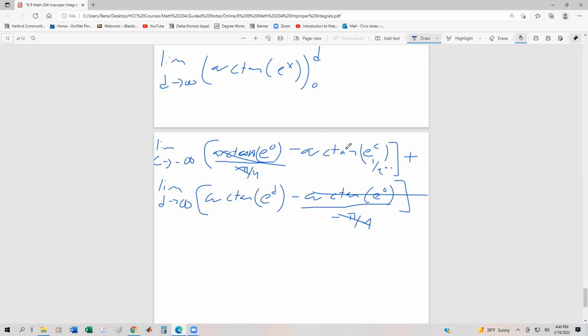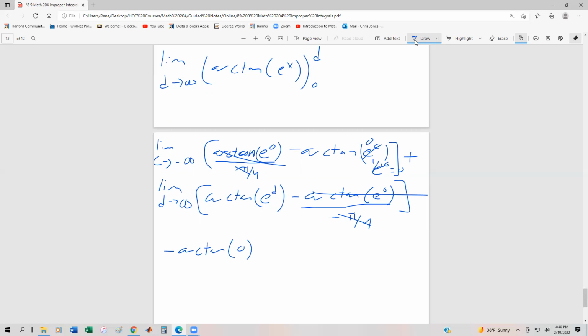So when we substitute these back in, we have to be careful, especially with our arctan stuff. This is 1 over e to the infinity, which is going to be 0. So by substituting that back in, that becomes minus arctan of 0, because e to the minus infinity is going to be 0.